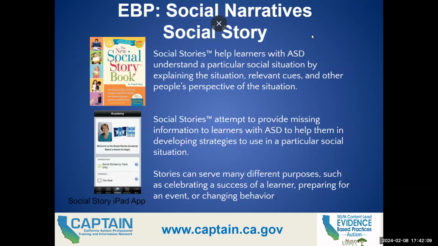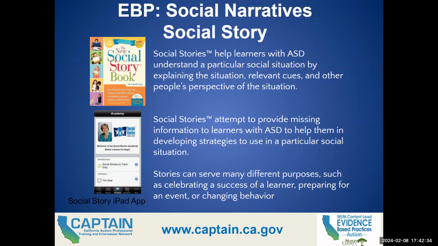So Social Stories are the trademark term for social narratives, to help a learner with autism understand a particular social situation by explaining the situation, the cues around it, and then other people's perspectives. They provide that missing information that our learners may be missing.